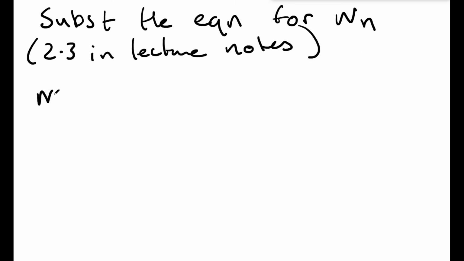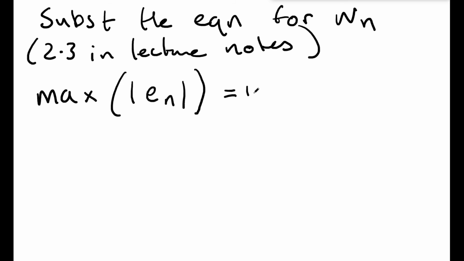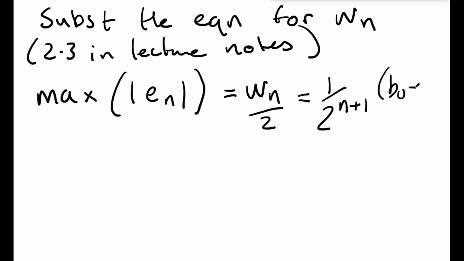So we'll have our maximum value of our error equals half width, and of course that equals 1 over 2 to the n plus 1 times b0 minus a0. That's just substituting in the expression for Wn, equation 2.3 in the notes.